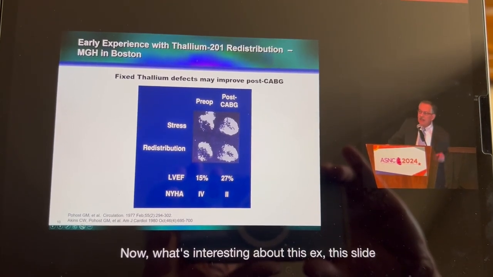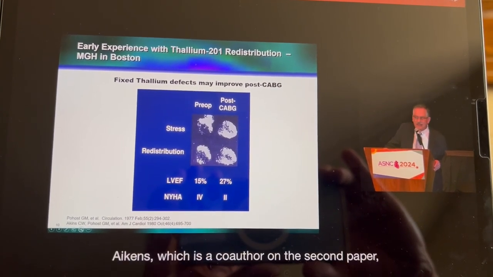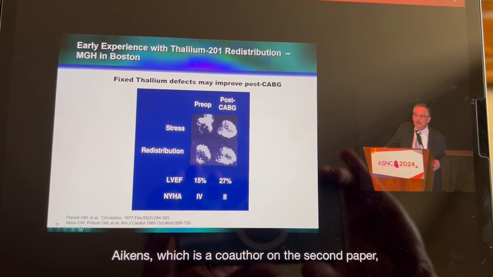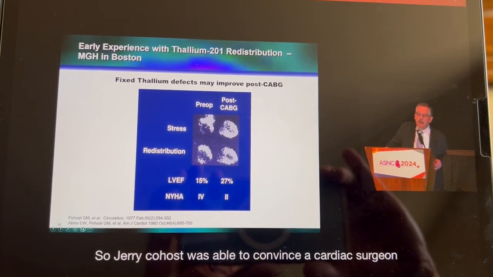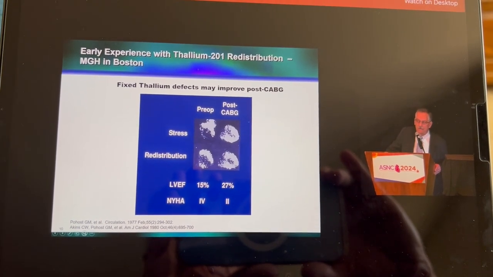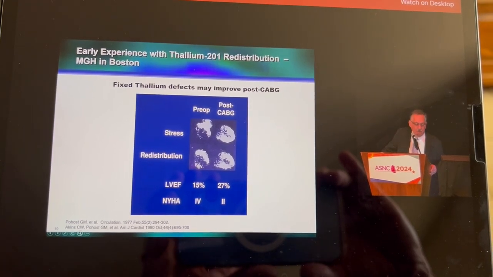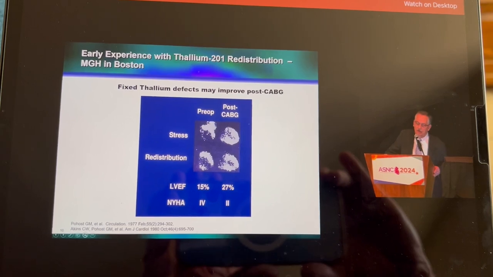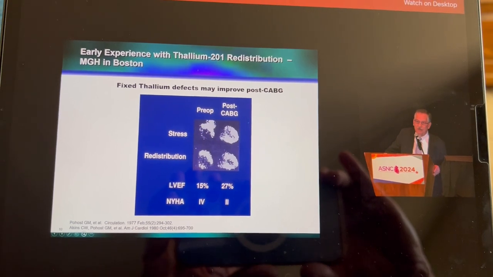Now, what's interesting about this slide that I want to share with you: Dr. Akins, who is a co-author on the second paper, is a cardiac surgeon at MGH. So Jerry Pohost was able to convince a cardiac surgeon to take a patient with 15% ejection fraction, New York Heart Association class 4, and as you know, the surgery of CABG wasn't very advanced at the time.